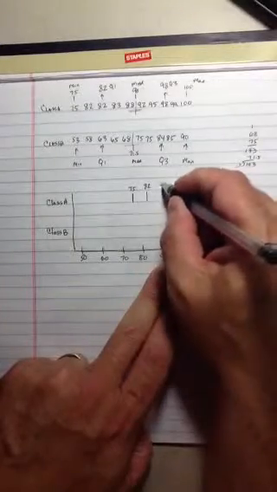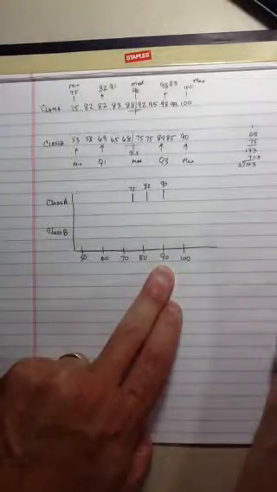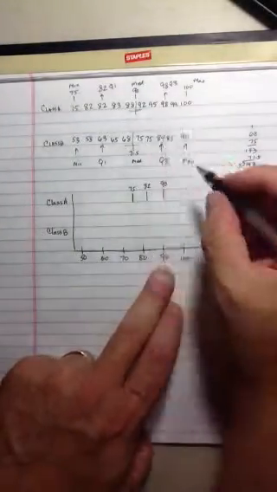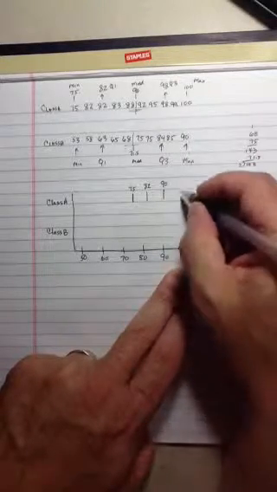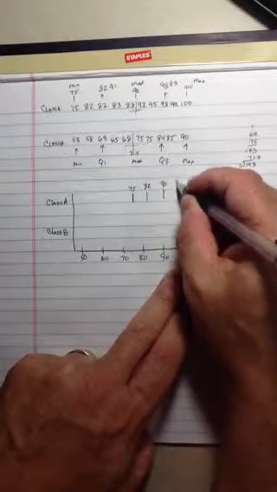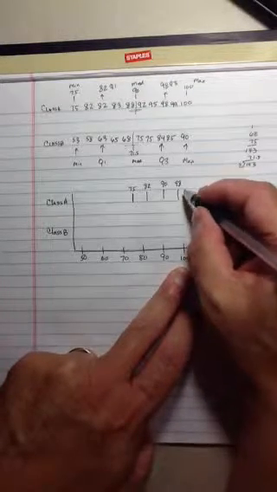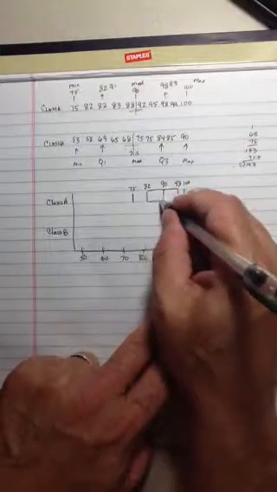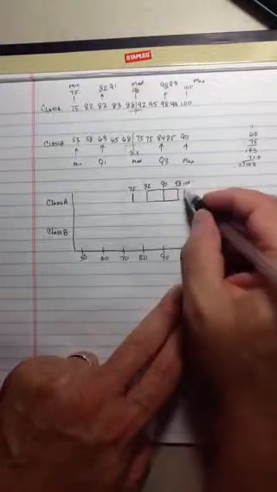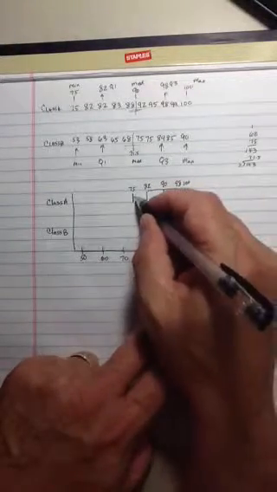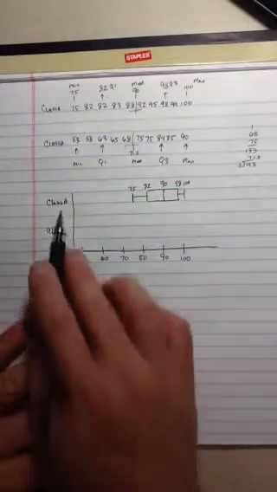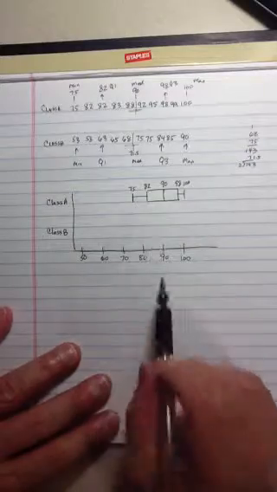I'm going to put it here, and put a number over it. The next one is a 98, and the maximum is 100. Then we connect the center 3 numbers, and make whiskers out to the minimum and the maximum. So that is the Class A data set.